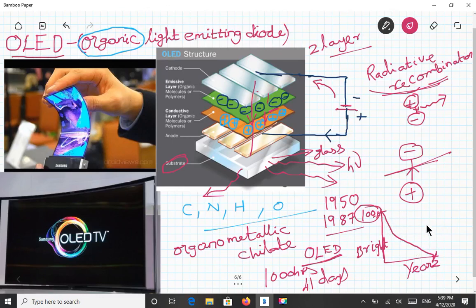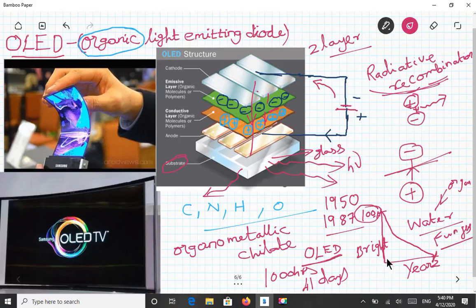And another disadvantage is that as it is an organic molecule, water may accidentally fall onto the OLED screen or display, which will get spoiled, because in an organic molecule fungus will form. So if there is water added to the organic molecule, due to the moisture there will be fungus formation which will affect the display.